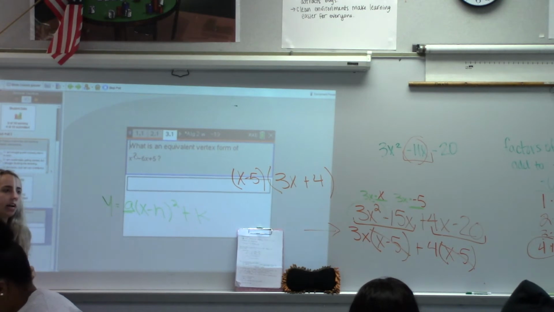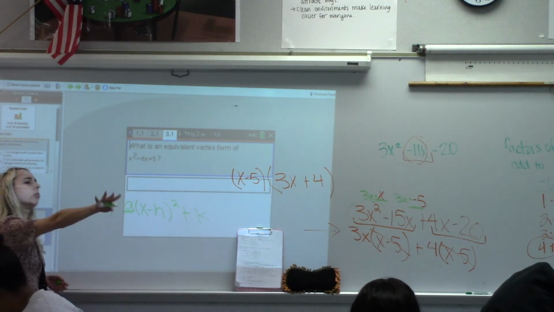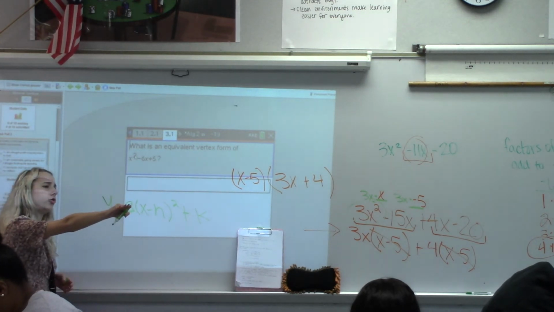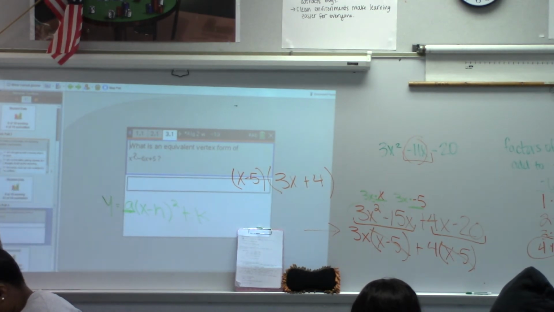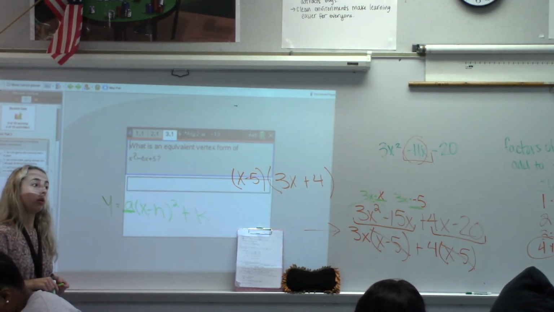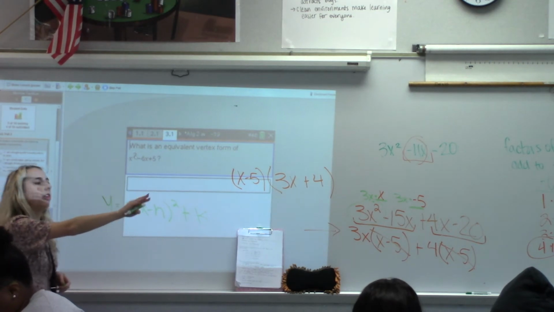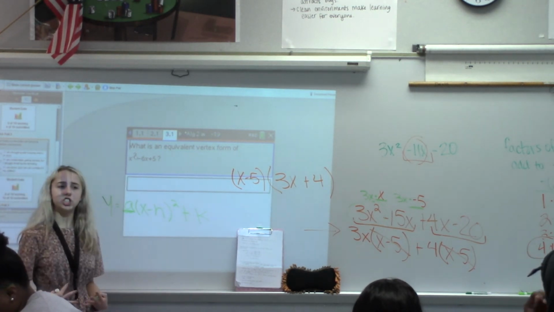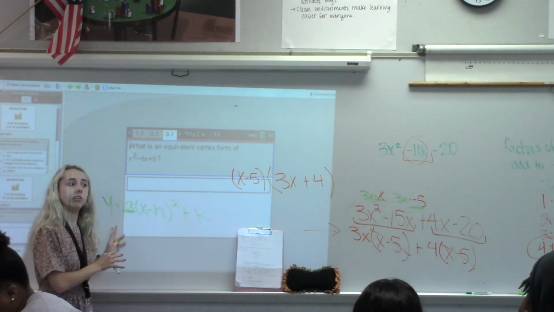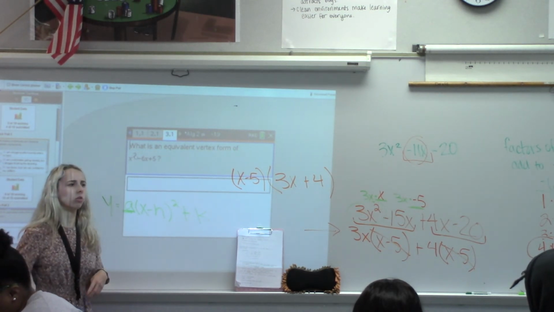Is there a way, do I have any information that I could find this A value? That's when we're trying to find the solution, remember? But I'm just talking about this A value. Where does that A value come from? Right, it means the concavity. Does the A value in vertex form have any relationship to itself in its other forms?